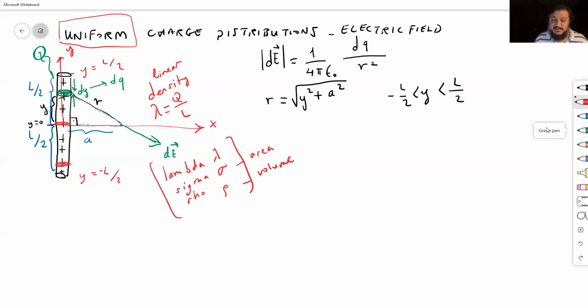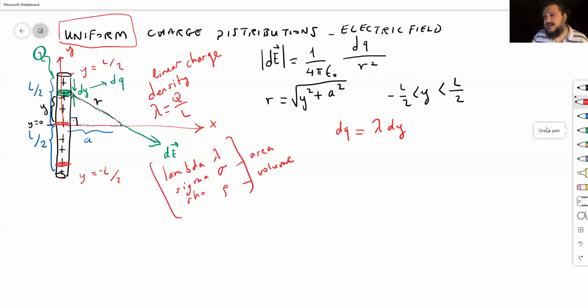I mean, this is very similar to mass density, right? You take the mass of an object and divide it by its volume, you get mass density. Same idea. This is charge density. Linear charge density. Then dq, which is the charge contained in that small length, I should say, will be simply lambda times dy, because length is dy.